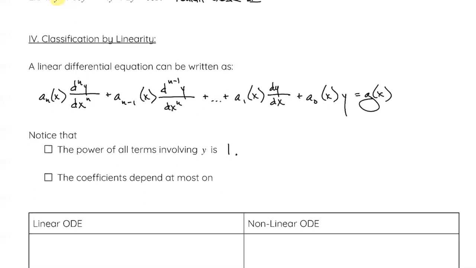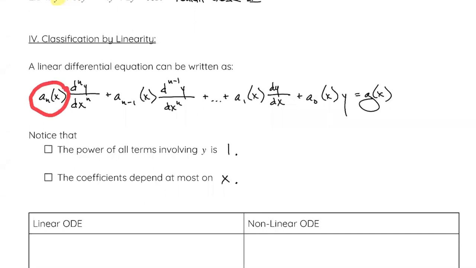We'll see a couple examples of this in just a little bit. Any term that involves y has a power of 1. And I don't mean a derivative, I mean a literal power. The second thing we're looking for is that the coefficients depend at most on x.